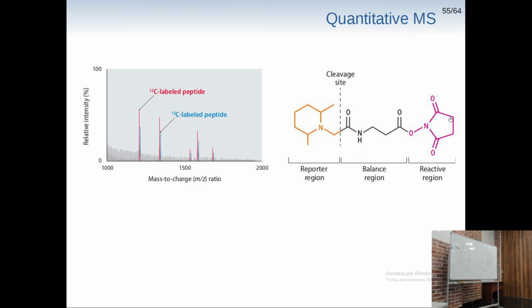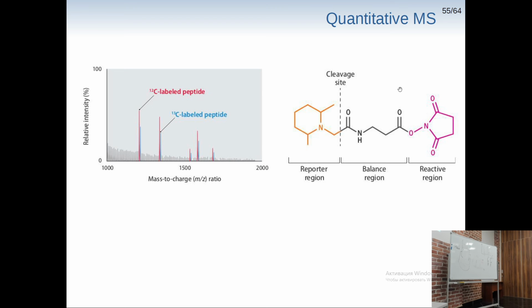Let's label our peptides after trypsinization. For instance, we can put something like this in a solution, and as you can see, this group will covalently bind to all the lysines, like we had in our 2D gels, right? And we can have this molecule with different sizes of this group and this group.